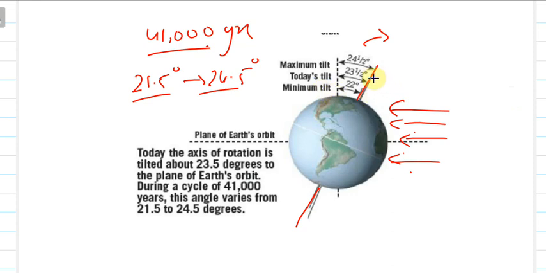Okay, so maximum tilt is 24.5 degrees, minimum tilt is 21.5 degrees. Okay, and currently we are at 23.5 degrees. Okay, so this is the angle of the Earth's rotational axis.